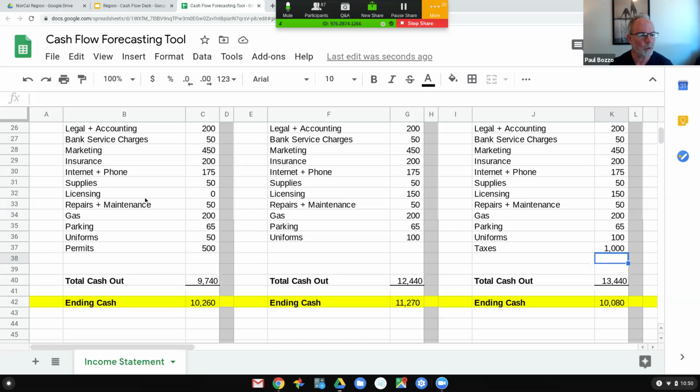And this particular tool can be customized, so you can change the categories, you can add different expenses, and every input that you have is automatically going to recalculate the ending cash.